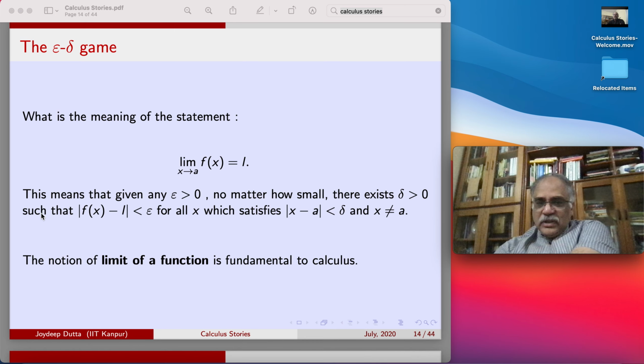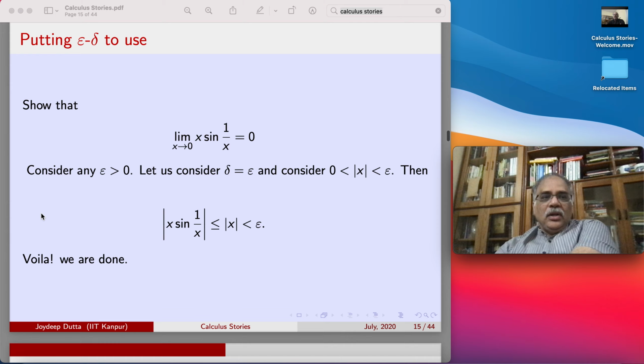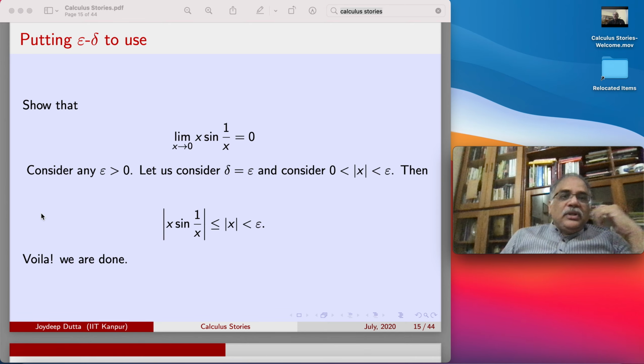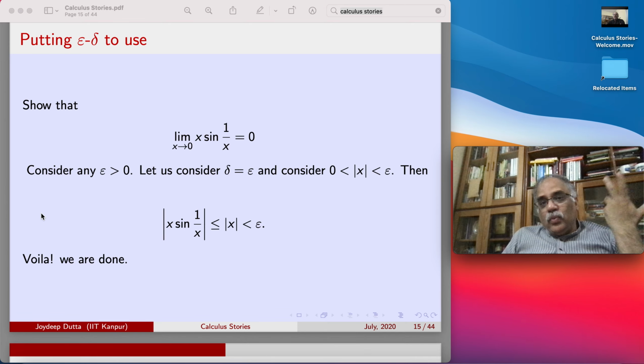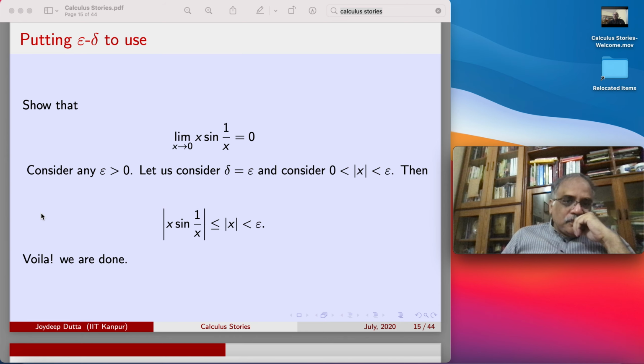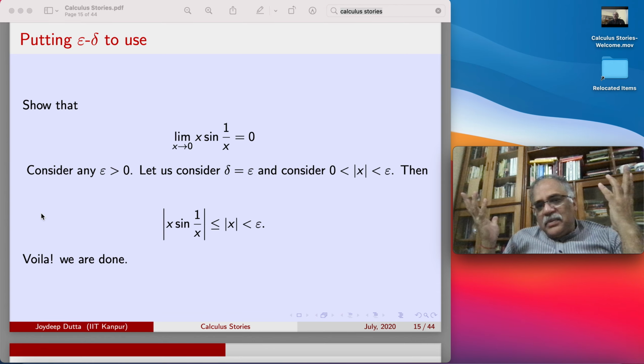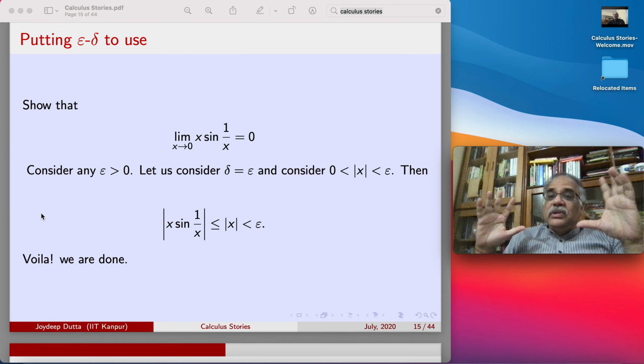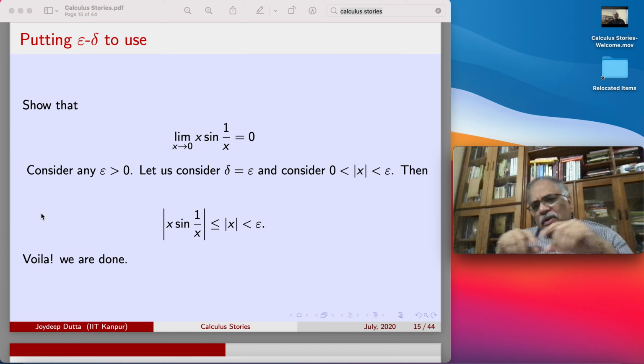Let us see how we can use the epsilon-delta game. Show that the limit as x tends to 0 of x sin(1/x) is equal to 0. Now L is 0 here, and so I take any epsilon greater than 0, and in this case I choose delta equal to epsilon and consider all mod x.